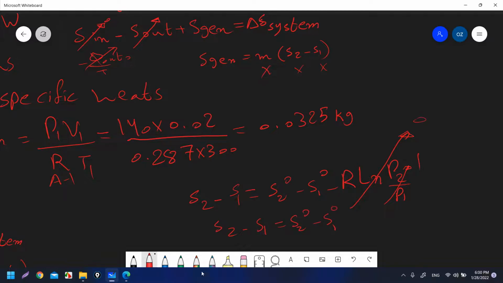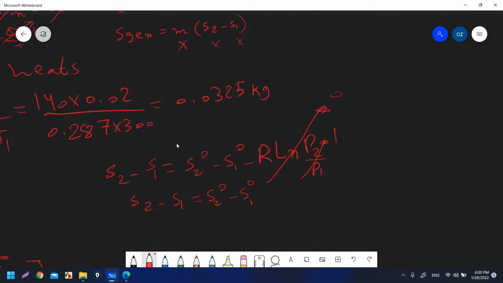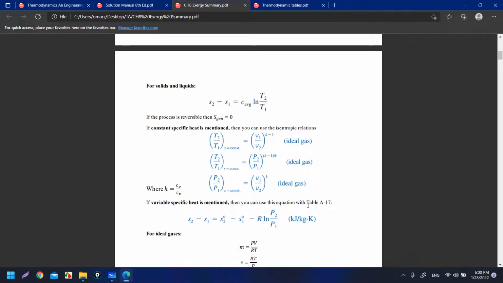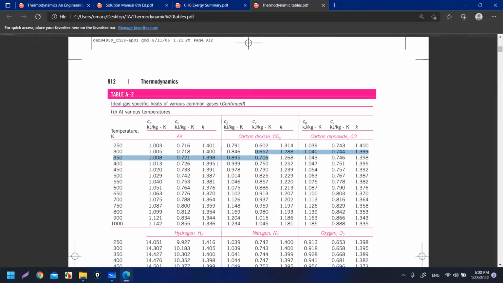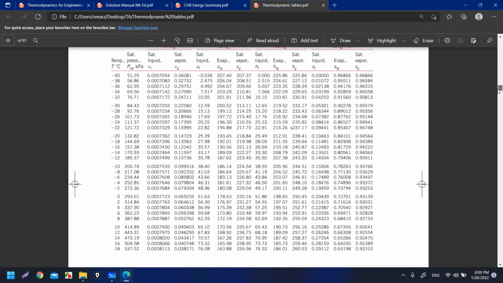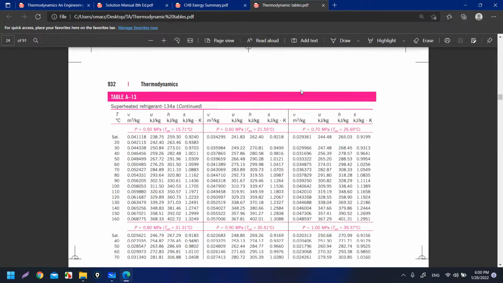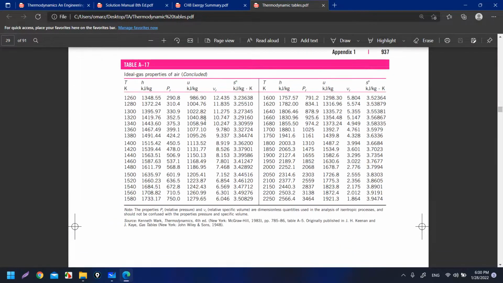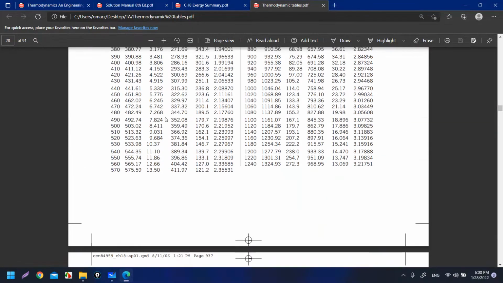What is S2 naught and S1 naught? From where shall I get these values? You have to use table A17. Okay, so we'll go to table A17, and we have air, right?